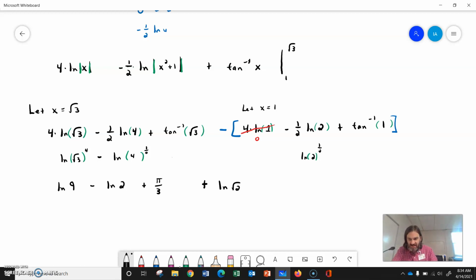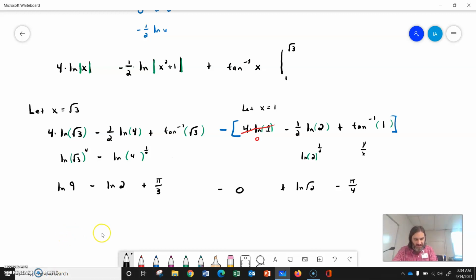And then tangent inverse of 1. Okay, so that's where the x and the y coordinate are the same, and that happens at pi over 4. Let me write them under what we've got here. So we'll have minus 0 plus natural log of square root of 2, and then we will have minus pi over 4. So there's some things that we can clean up here.